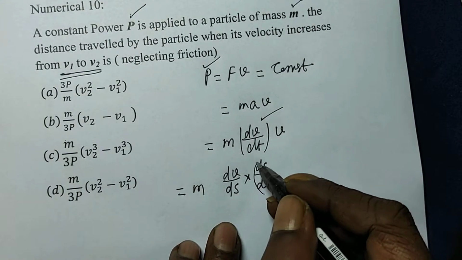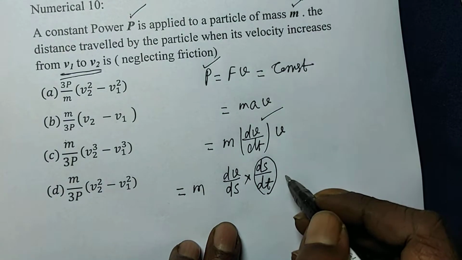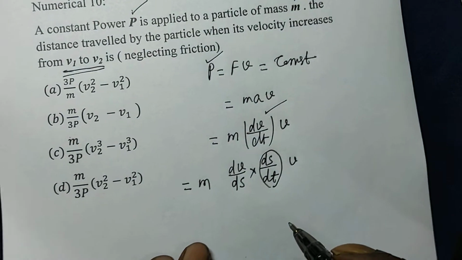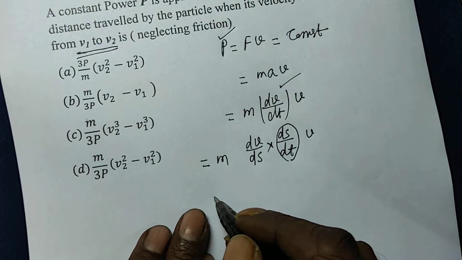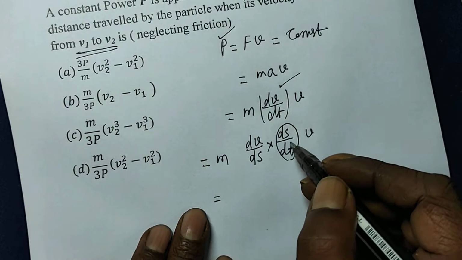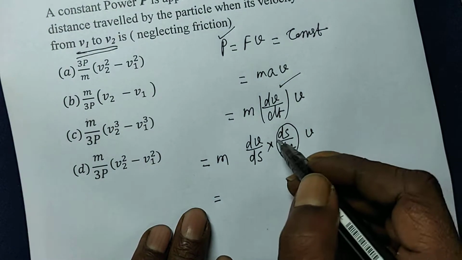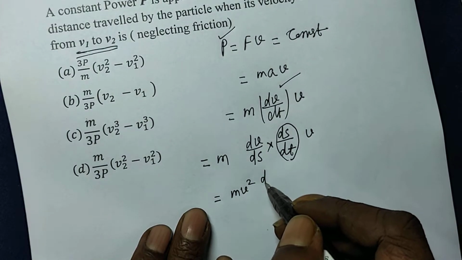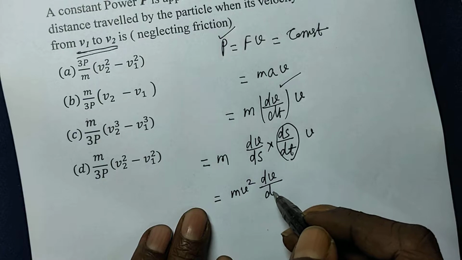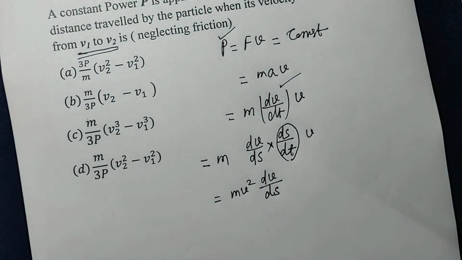So this part becomes your velocity, and the other velocity remains as such. So this is velocity, this again velocity, v square, so power is equal to mv square dv by ds.